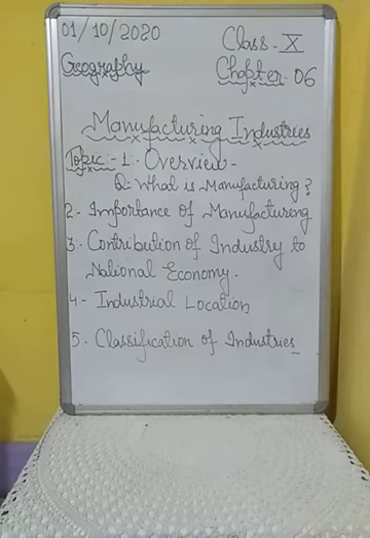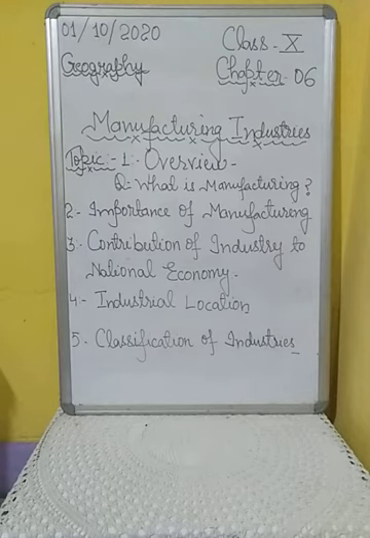After that, your next topic is classification of industries. So in this series, number one is on the basis of raw materials. On the basis of raw material, there are two types of industries. Number one is agro-based and number two is mineral-based. Students, agro-based industries are those where raw materials come from agriculture.